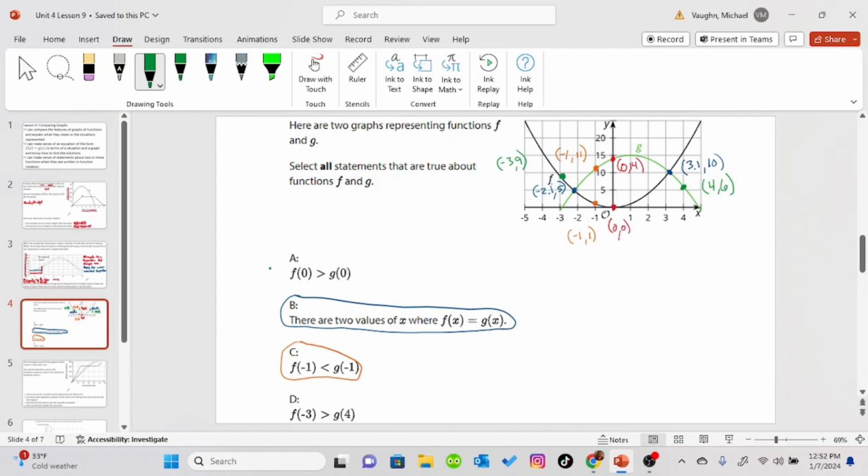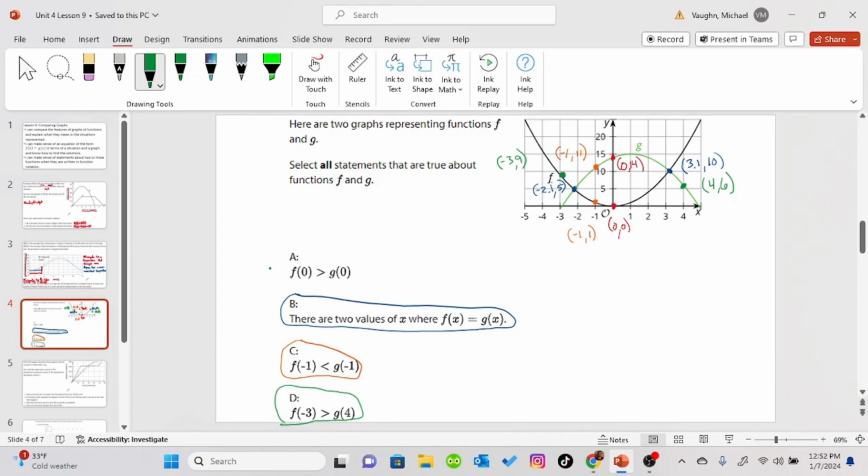And that is also true, because the value of f when x is negative 3 is 9, but the value of g when x is 4 is only 6, and 9 is greater than 6.